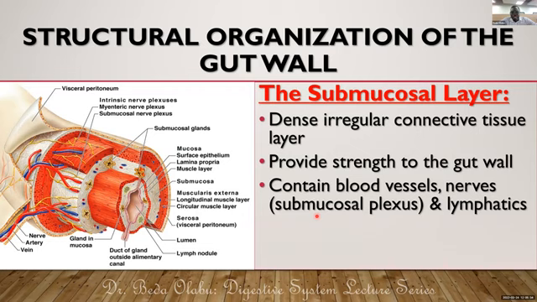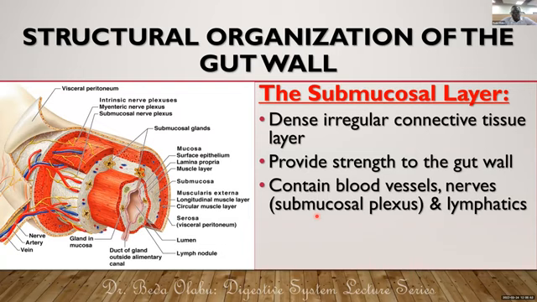Now, usually the enteric nerve plexus consists of two plexuses. There's one within the layer of the submucosa. Therefore, we call it the submucosal plexus or Meissner's plexus. This one controls secretions of the GIT.